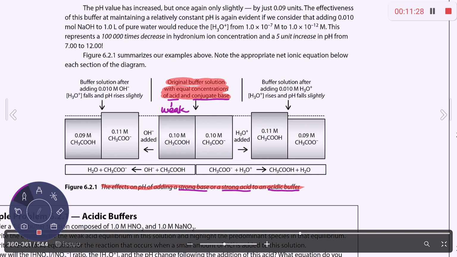Okay, here you'll notice that we have 0.1 molar and 0.1 molar of each. And then if you add a strong base, the hydronium ion concentration will fall and your pH will come up just slightly. That's because you're going to have a higher concentration of the conjugate base as opposed to the weak acid.